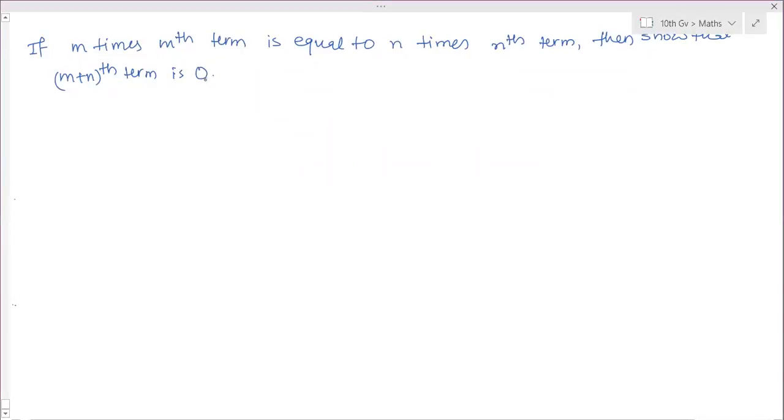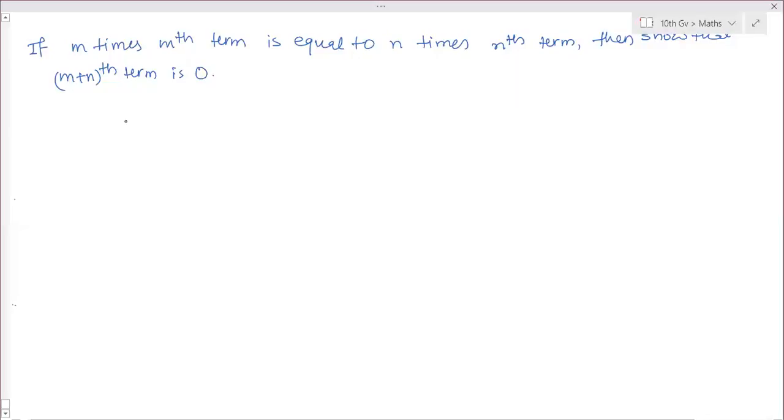If m times mth term is equal to n times nth term, then show that m plus nth term is 0. So what is the equation given? What is the given equation?